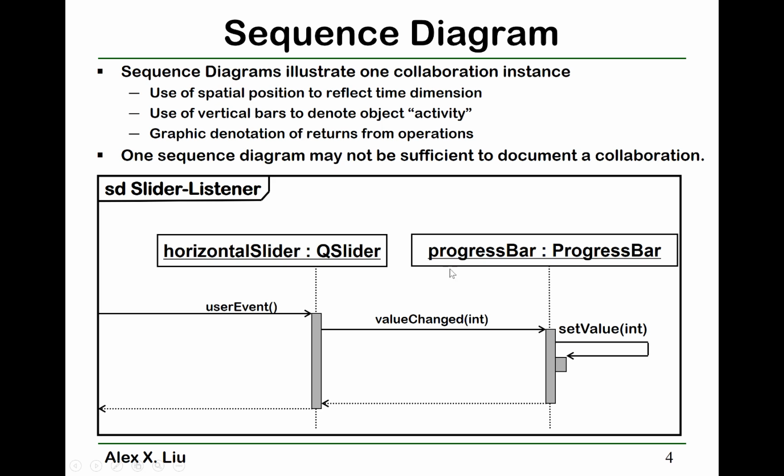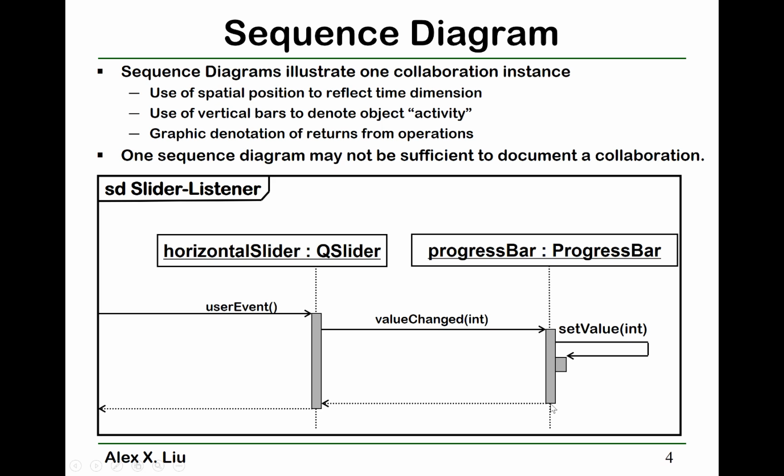After the progress bar receives this value change message, it calls itself, set value, with this integer. It executes, and this vertical bar denotes the execution of this value change function.